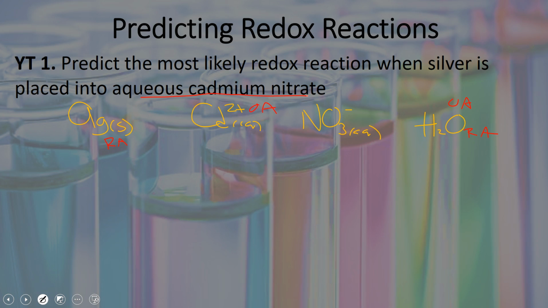Silver can't be aqueous by itself. It has to already be part of something else to dissociate. It would tell you aqueous if it was.